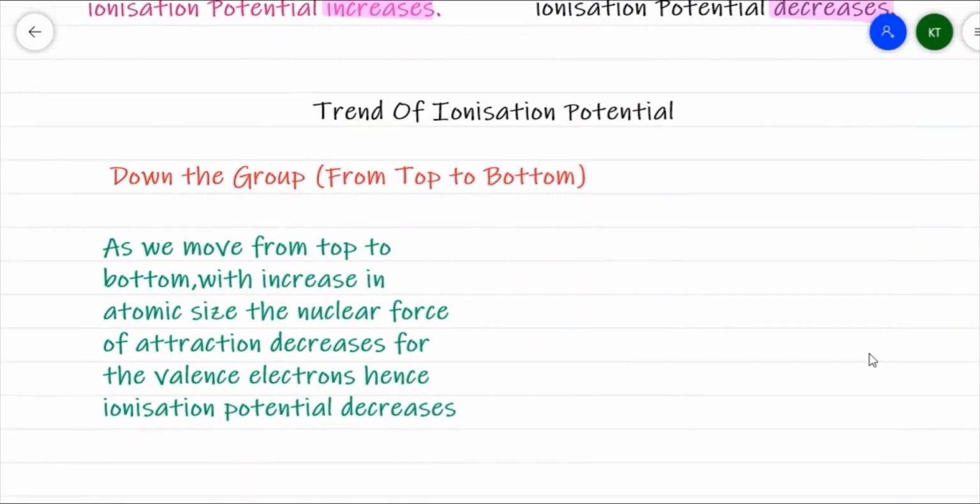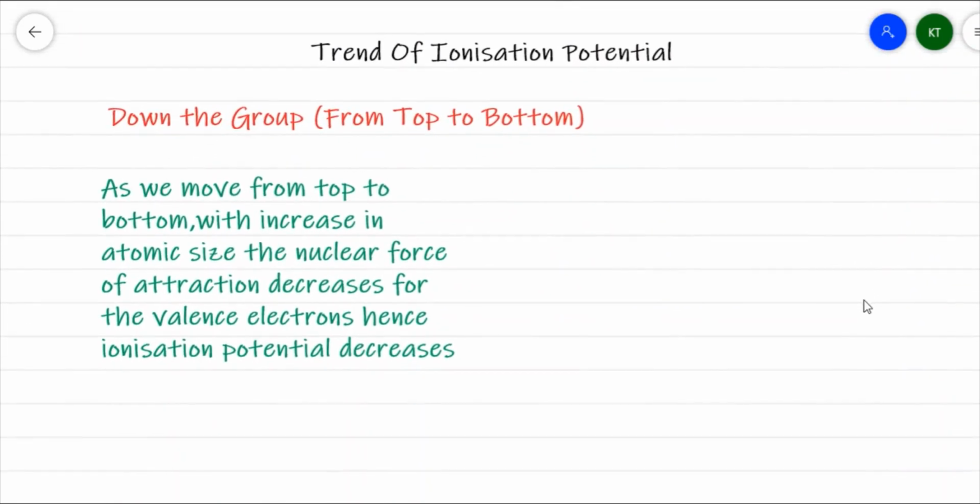So the very first thing we are going to discuss is the variation or trend of ionization potential in a group. How does the ionization potential change from top to bottom? As we move from top to bottom, in a previous video we have seen that the size of an atom goes on increasing.